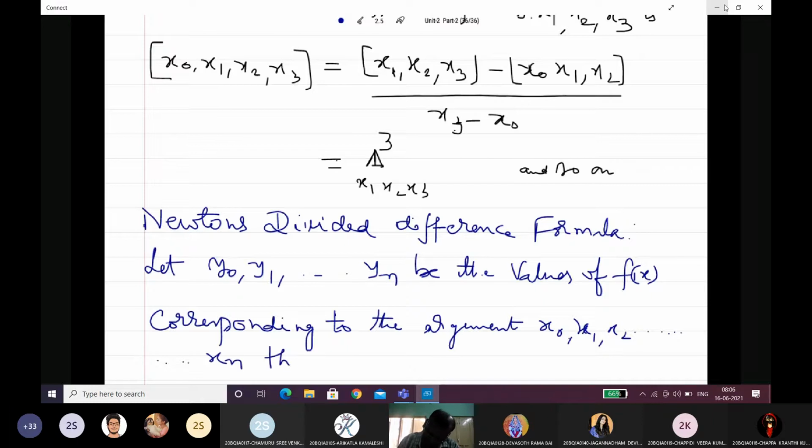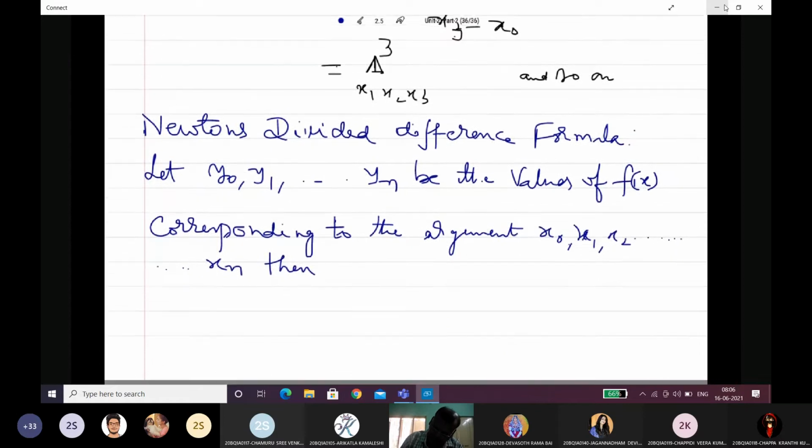Then this is a very simple formula that we have noted here.